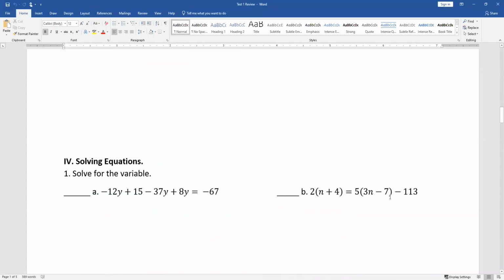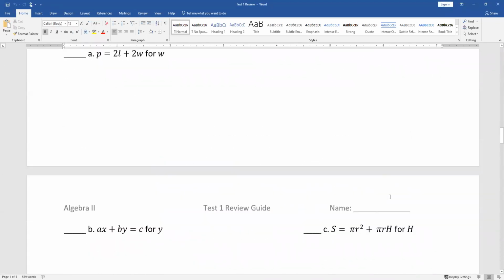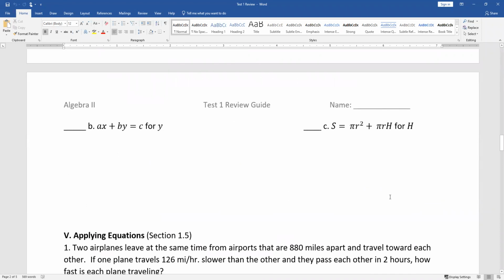All right, so we made it through. Oh, that's right. We did the second literal equation, so now we're doing the third.